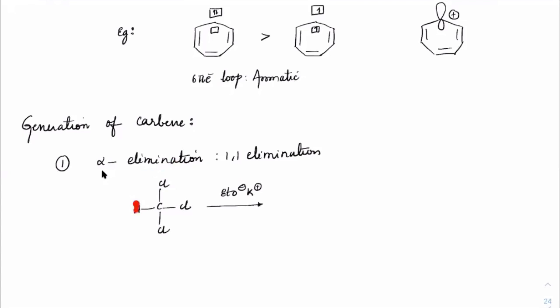It will extract the proton from here and it will convert into EtOH. So EtOH plus Cl, C, Cl, Cl with minus. And this will become a conjugate base.